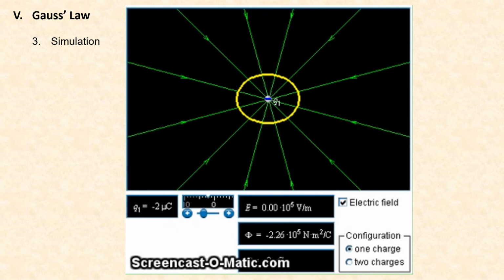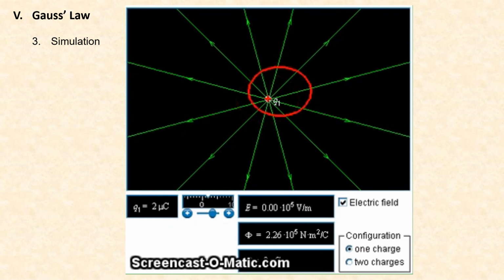Alright, so now let's see what happens if we move our surface here. I'm going to go back to a positive flux here. So we have 2 microcoulombs where the flux through our yellow surface is about 2.26 times 10 to the 5th SI units. Watch what happens if I pick up this surface and move it over here so that there is no charge enclosed by it.